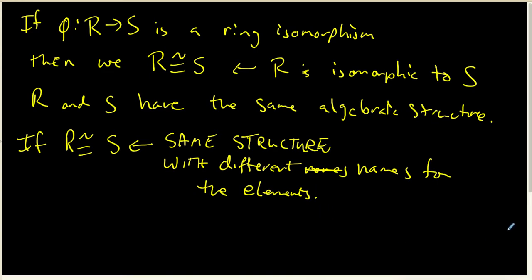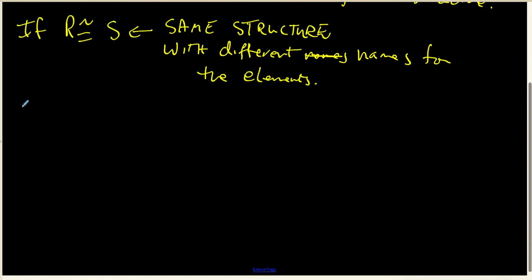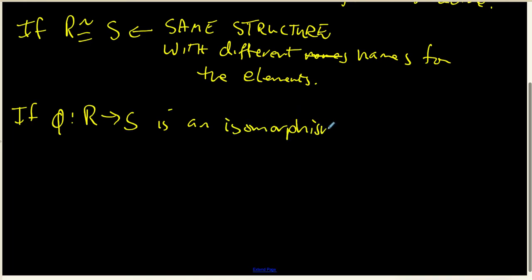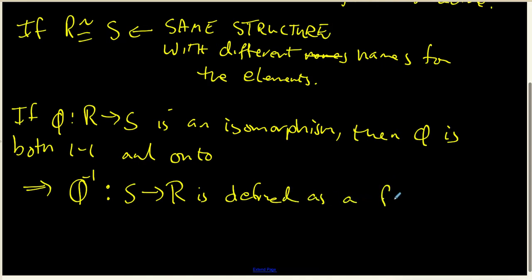Now, there's one other thing that I want to point out before looking at a specific example, and that's about the isomorphism itself. Now, if phi taking R into S is an isomorphism, then it turns out that phi, of course, has to be both one-to-one and onto, and that's enough to say that the inverse map phi inverse going from S to R is defined as a function.